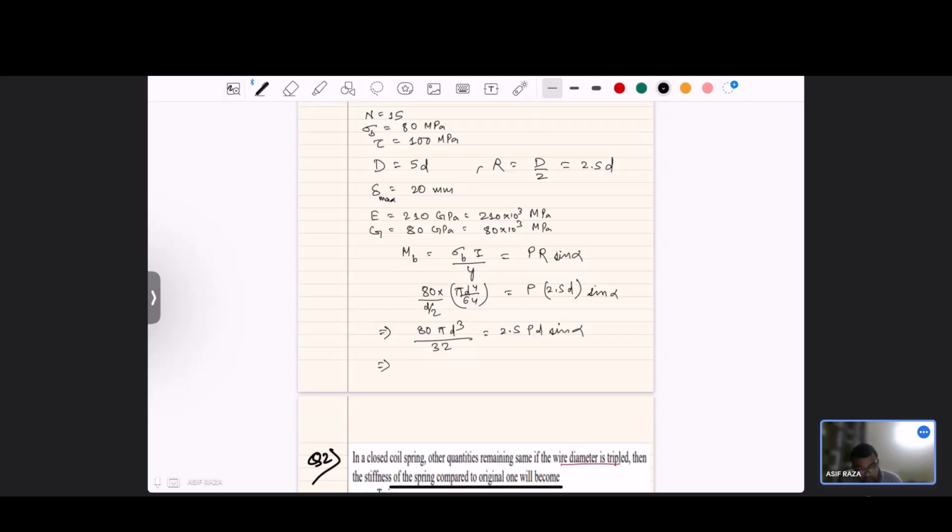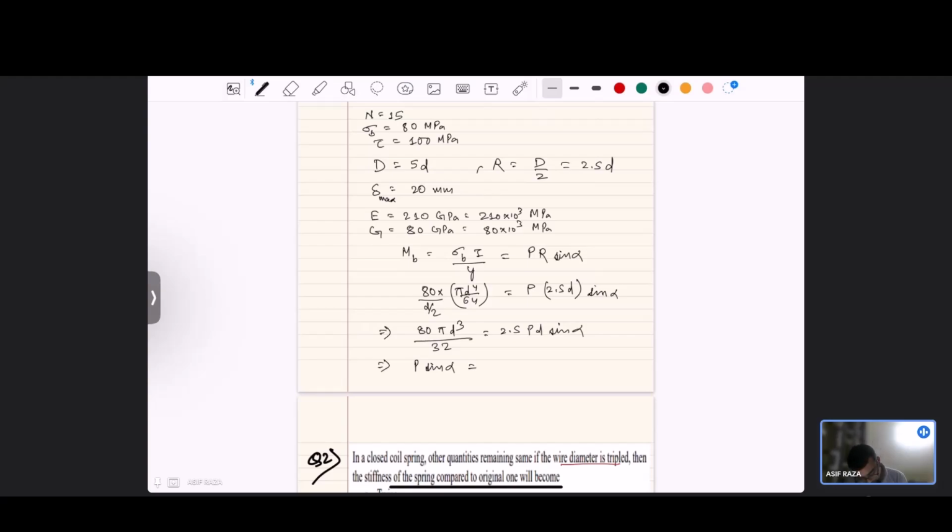So again we can write P sin alpha equals 80 into pi divided by 32 divided by 2.5.